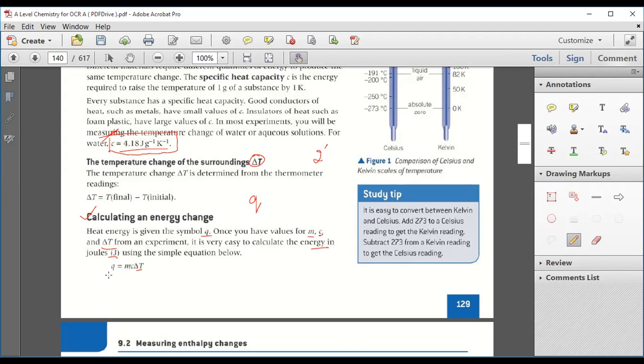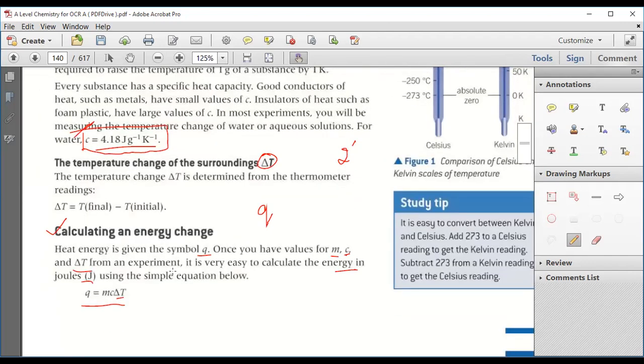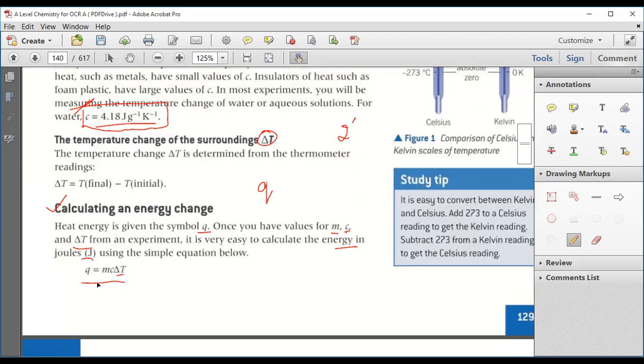The formula is Q equals mc delta T. So always remember, Q equals mc delta T, where m is the mass of the object or substance, C is specific heat, and delta T means change in temperature.